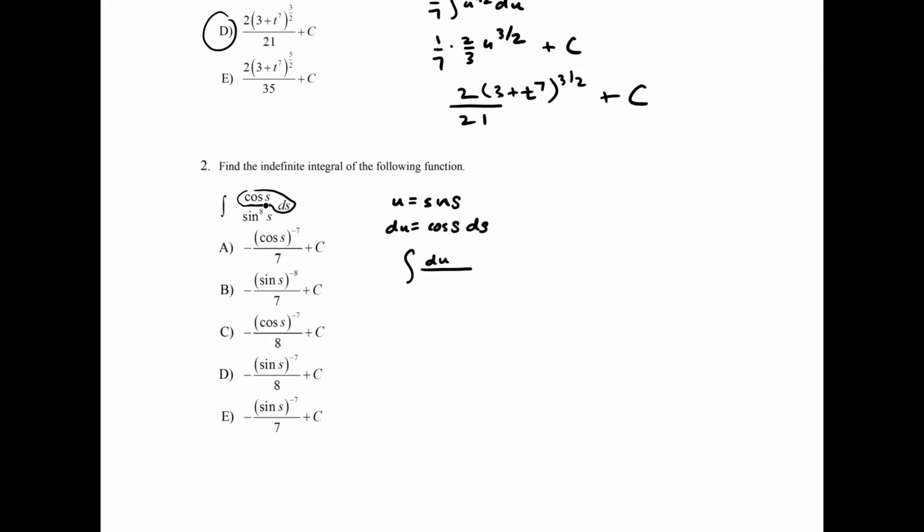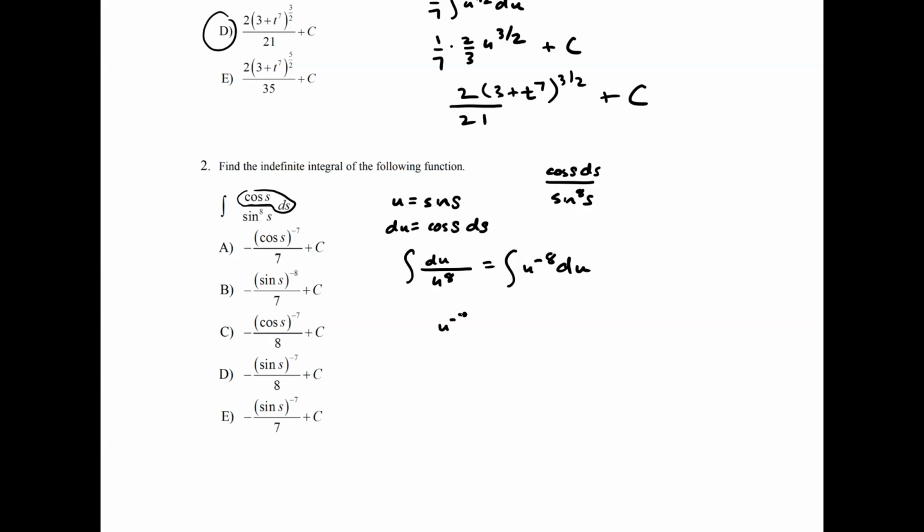So when it's on the side, it's like multiplying by ds over 1. So it's like being written like this, where it's just cosine of s ds all next to each other, all over sine to the 8th of s. So we have du over u to the 8th, or this is the antiderivative of u to the -8 du.